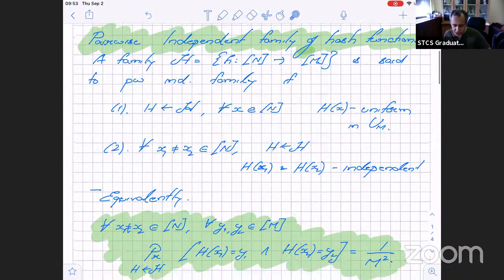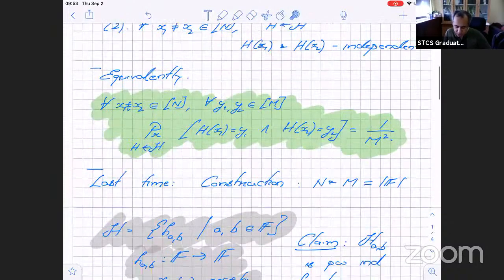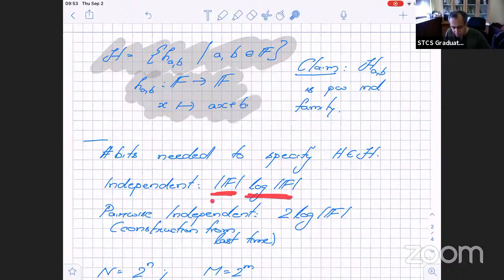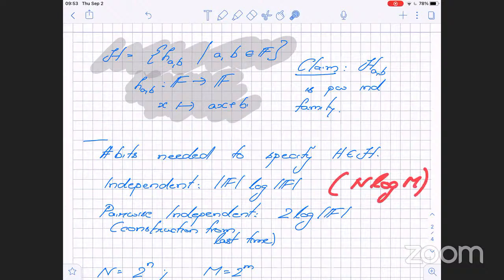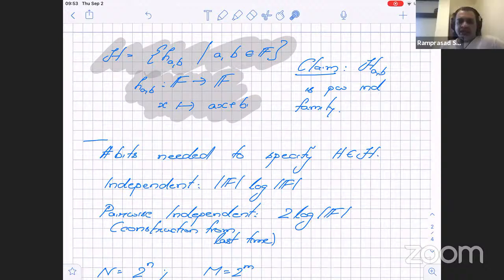But how much randomness do you need to generate that? For every element in the domain, there are f elements, and you need to specify the range. So that's the total amount of randomness that you need, which in this world will be n log m. This is just a different way of saying there are totally n to the n functions, and to specify one of them you need log that many bits.